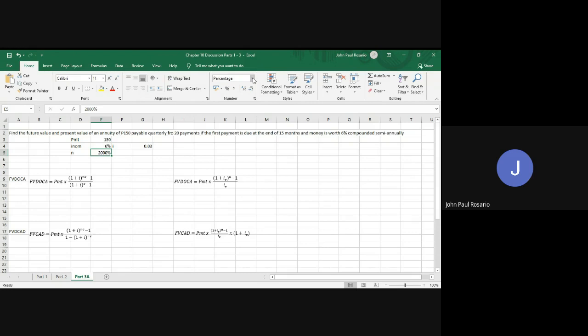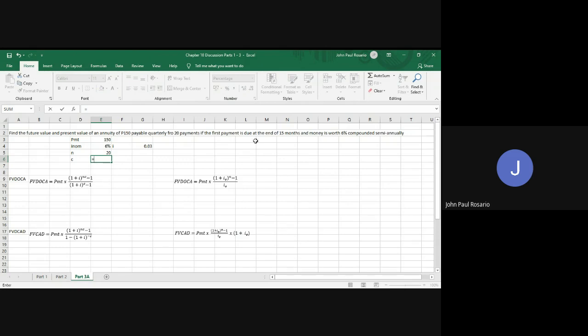And our C here is the number of months per compounding period.